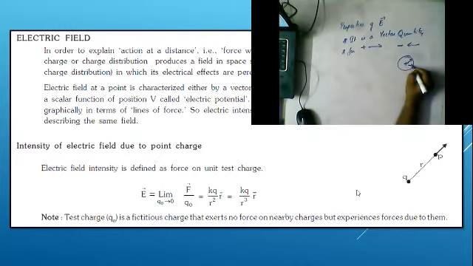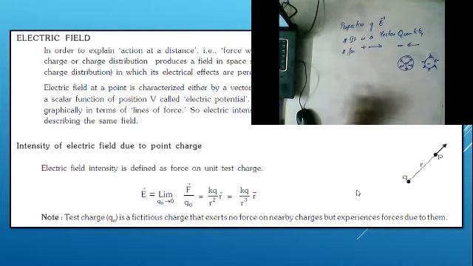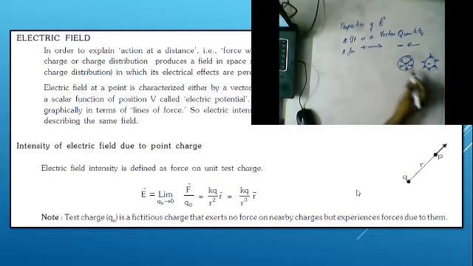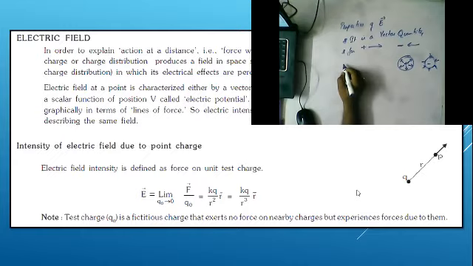It is always outside like this. And for a negative charge, it is like this. So for positive it is always away from the point charge, and for negative it is always towards the point charge.